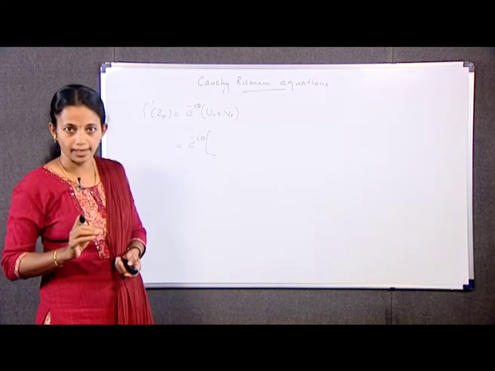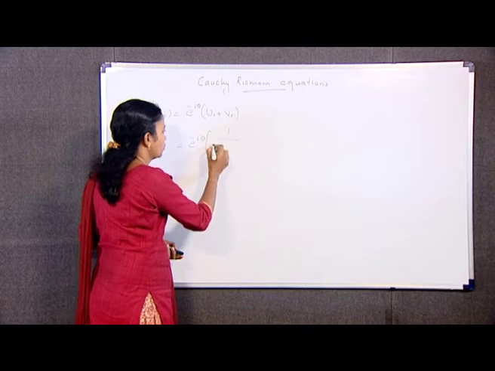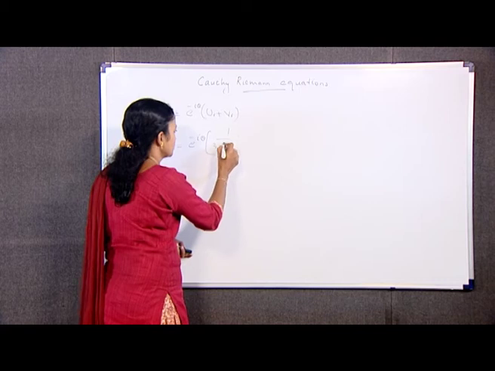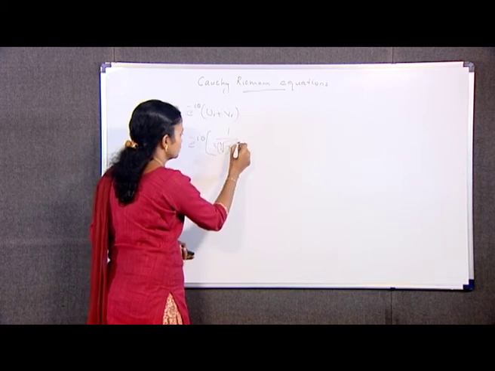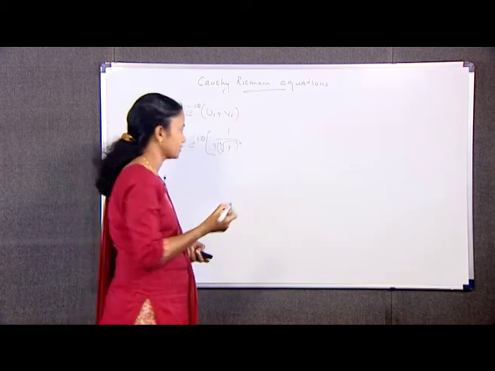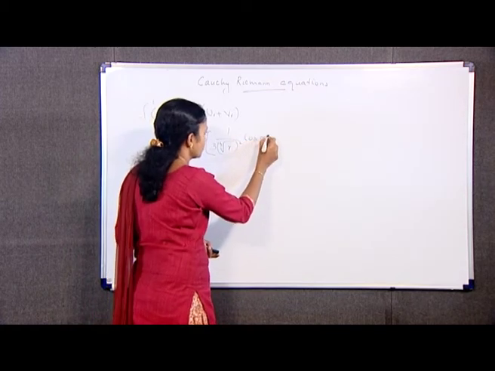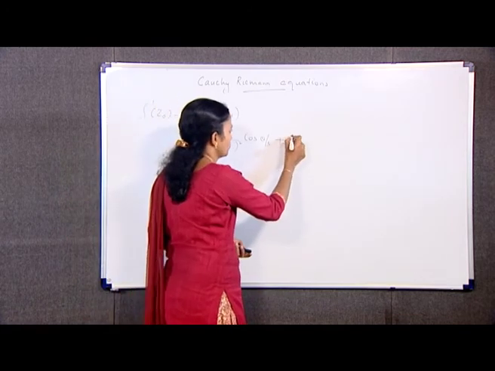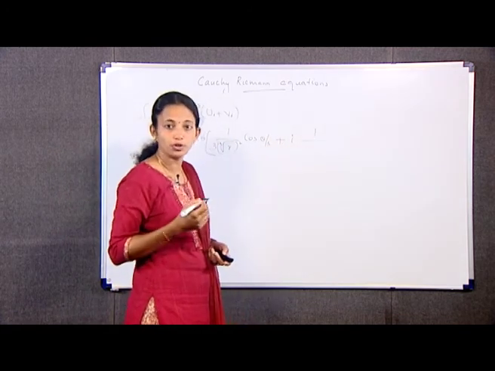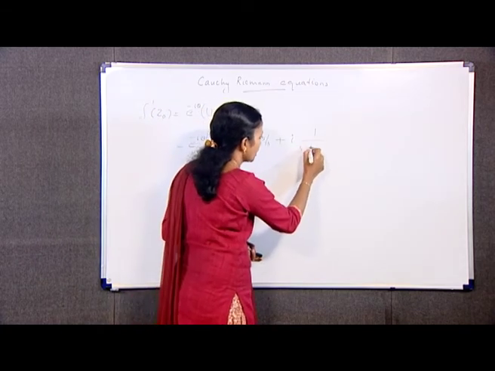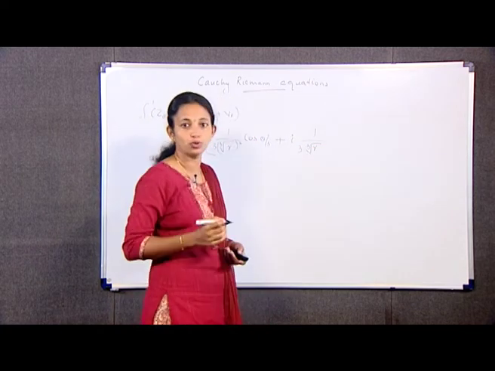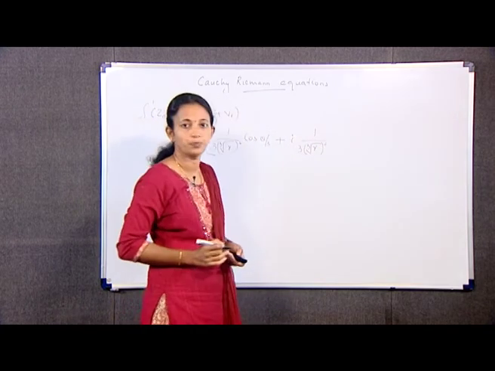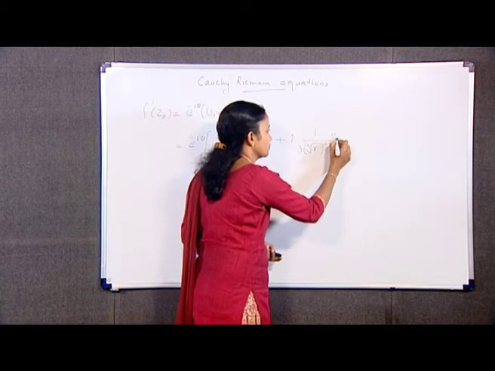We have u_r as 1 by 3 into (cube root of r) whole square cos theta by 3 plus i into 1 by 3 times (cube root of r) whole square into sin theta by 3.